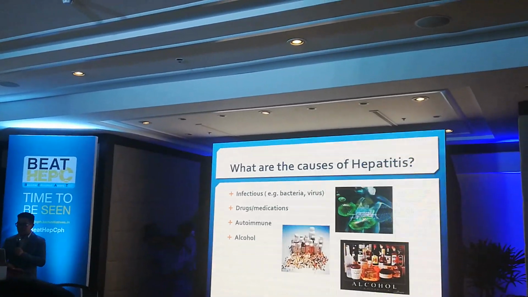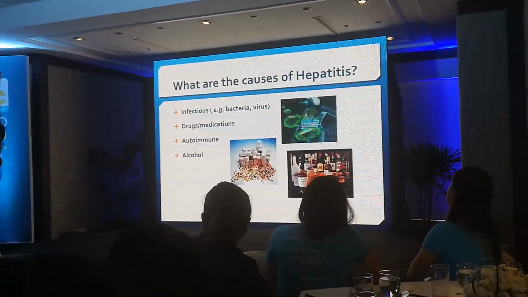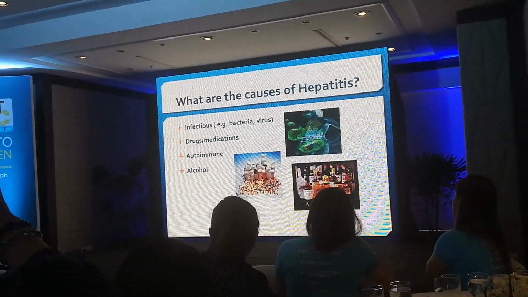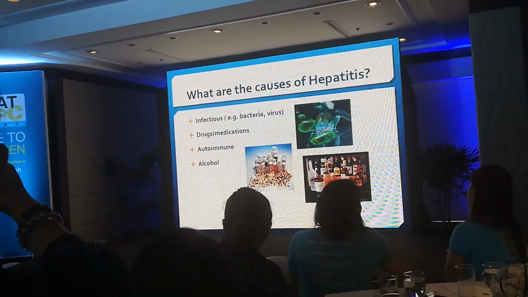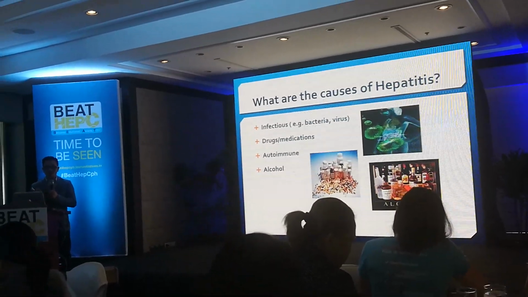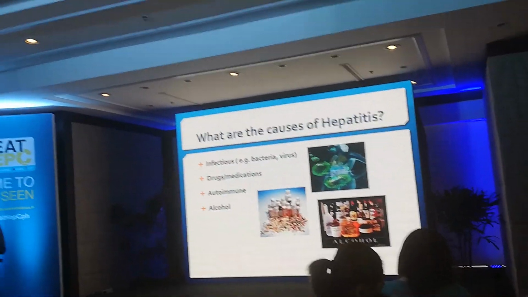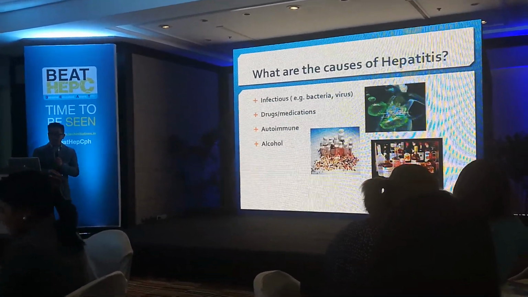There are a lot of causes of hepatitis. It can be infectious, which can be both bacterial and viral. Hepatitis C is an example of a viral infection of the liver. Drugs can be a cause of hepatitis as well.